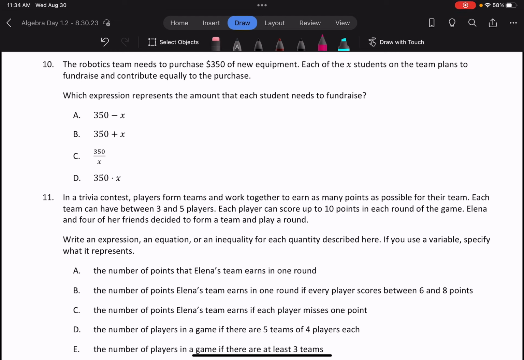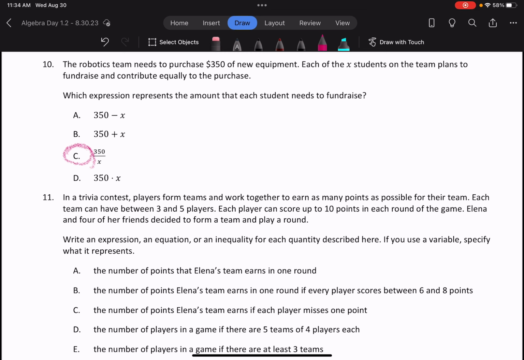So the amount that they each need to fundraise is going to be using which operation? Think about it. Okay. Whenever we have a whole total and then we need to think about each or individual, then we're going to be using our division here. So this would be that we are dividing that 350 divided by X number of people.